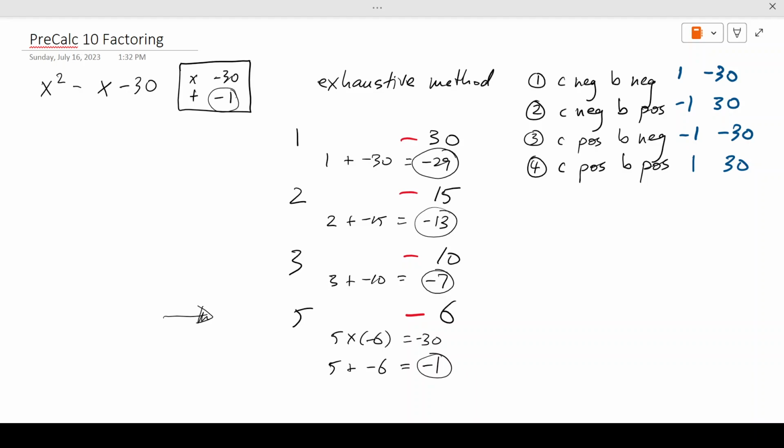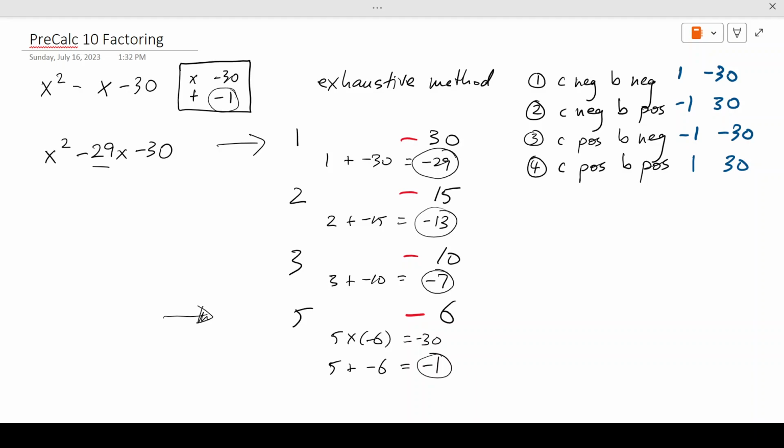So, if I have c is negative, b is negative, and I have a small b, I'm immediately keying in on the last row. If I had a big b, if I had an example like x squared minus 29x minus 30, now b's big, I'm immediately keying in on the first row.